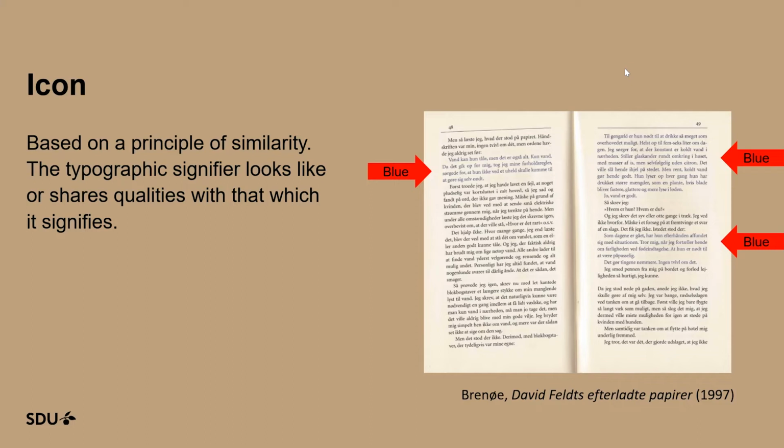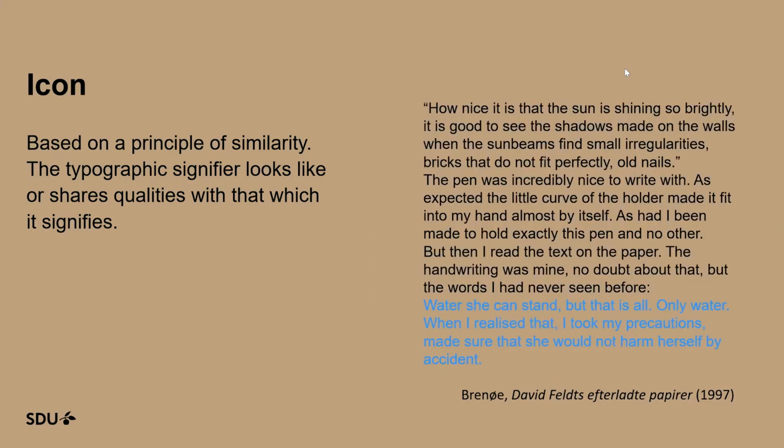Because to begin with, the wording of the blue part of the narrative is apparently unrelated to that of the black part. And now I have rewritten the text here so that you can see an example of it. And I'll just read through it. So he starts out in black, and it says, "How nice it is that the sun is shining so brightly.